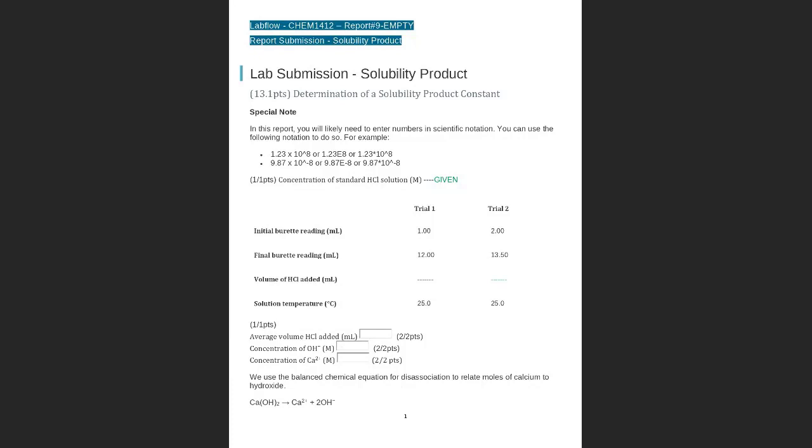Mine was, I think it's either in the data or read in the write-up, in the procedure in the lab report. I'm trying to find it. Look at this.